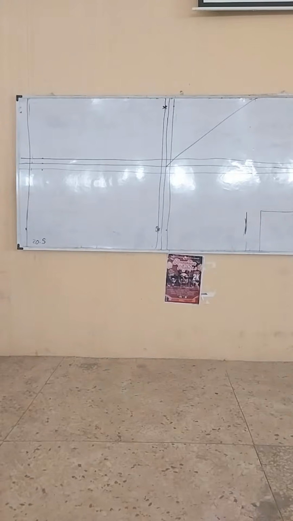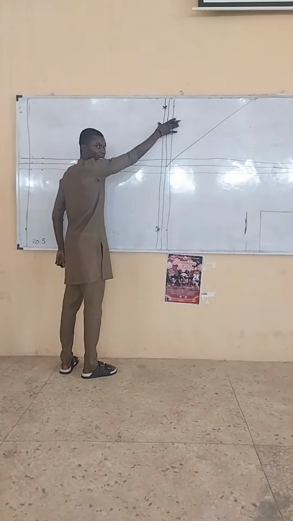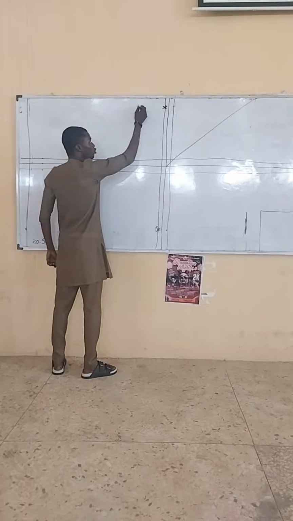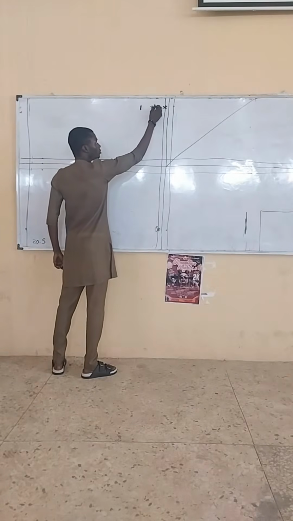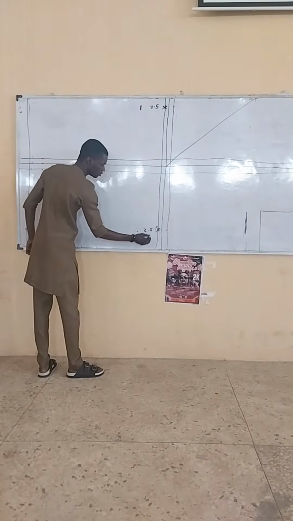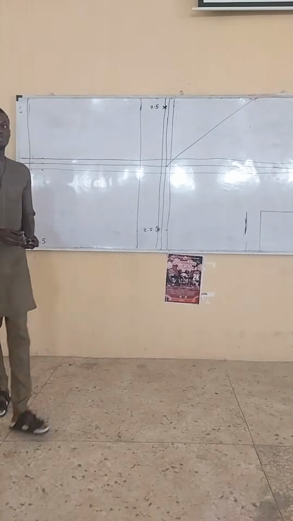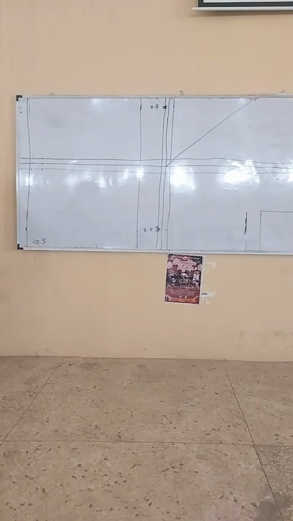From this same line, 2.5. Join together as a line. 2.5 to your left, so that we can use it for the midpoint of that circular part.